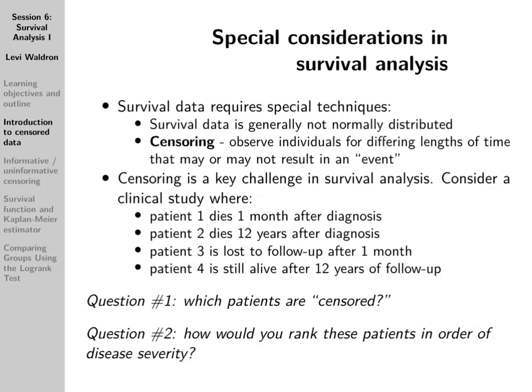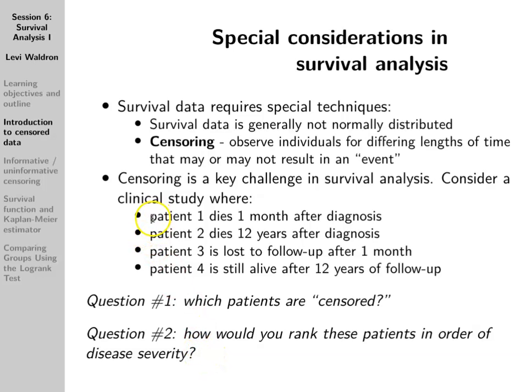So first question, which of these patients are censored? Well, these 2 are censored because these are the patients where we don't know whether they lived or whether they died. All we know is that patient 3 was still alive after 1 month and patient 4 was still alive after 12 years.